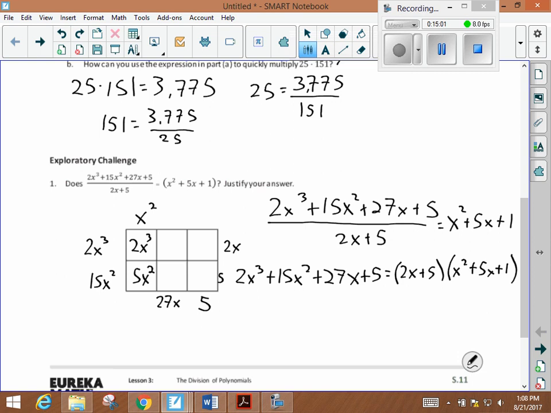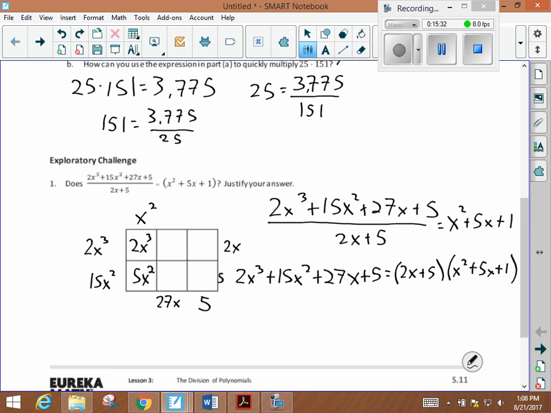Now I need to fill in the box diagonally up and to the right of 5x squared. So I have to think to myself, how did I get that 15x squared if I was doing the regular tabular method for multiplication? Well, I had to add, right? So something plus 5x squared is 15x squared.